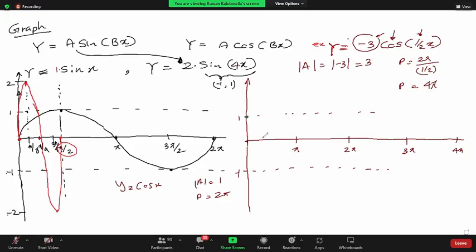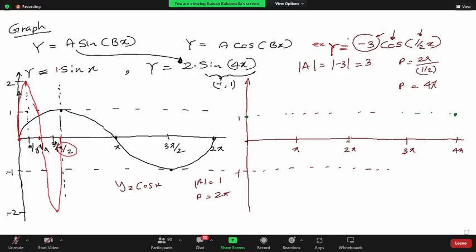Then the cos curve must go this way. So you know that in a complete cycle, these are oscillations at the same positions after one single cycle. So these two should be equal.